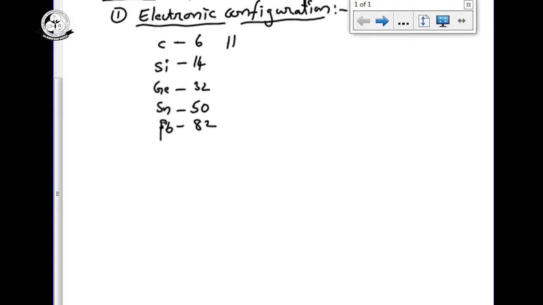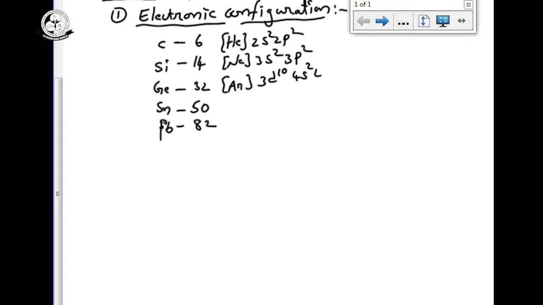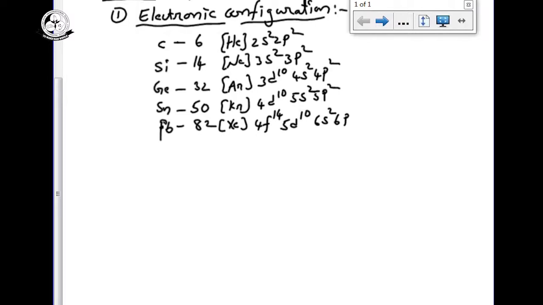Now the electronic configuration: helium after 2s2 2p2, neon after 3s2 3p2, argon 3d10 4s2 4p2, krypton 4d10 5s2 5p2, xenon 4f14 5d10 6s2 and 6p2.